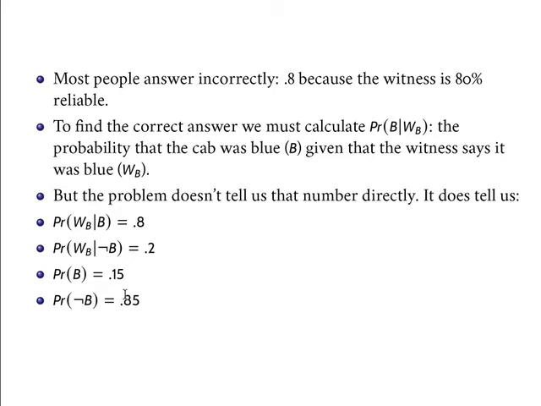It's very high because there are a lot of green cabs driving around. And this information about, as we will see, the base rate, or the unconditional distribution of blue versus green cabs, is essential to answering this question. We have to take it into account in understanding the probability that it was blue, given that the witness said it was.